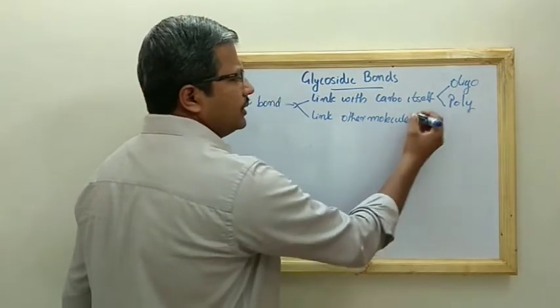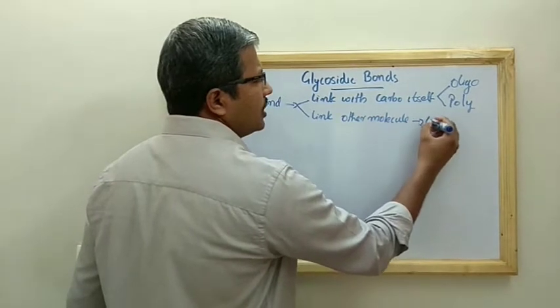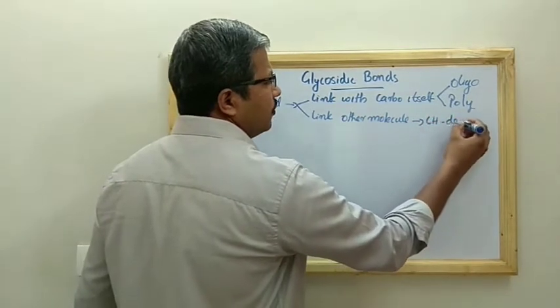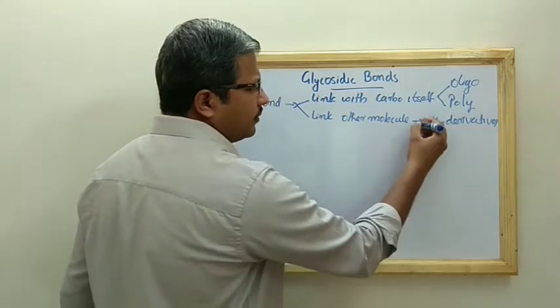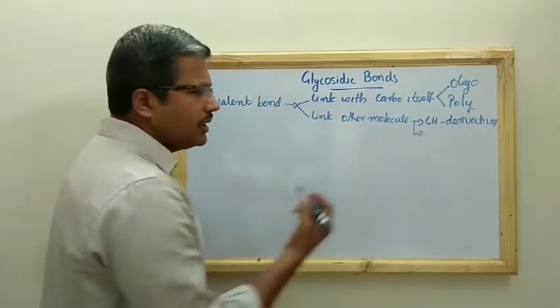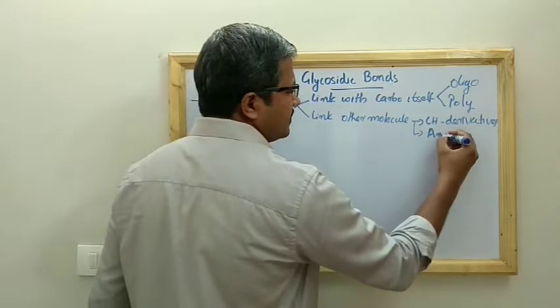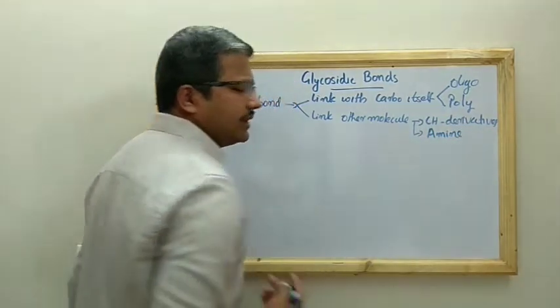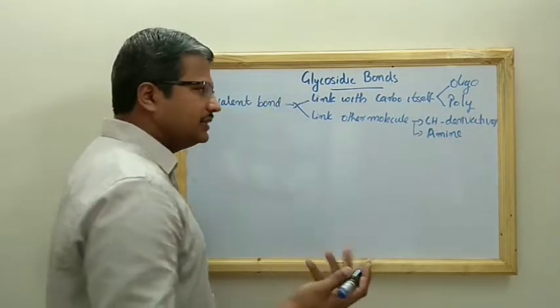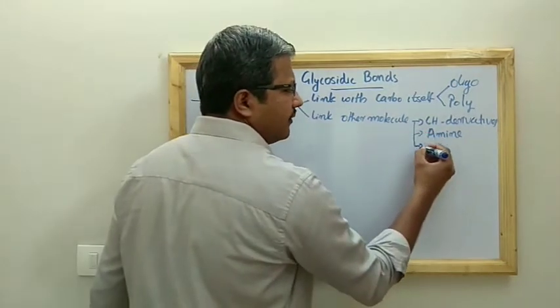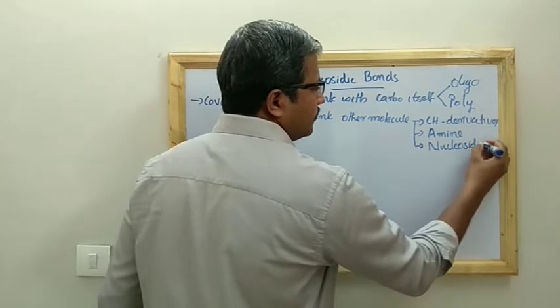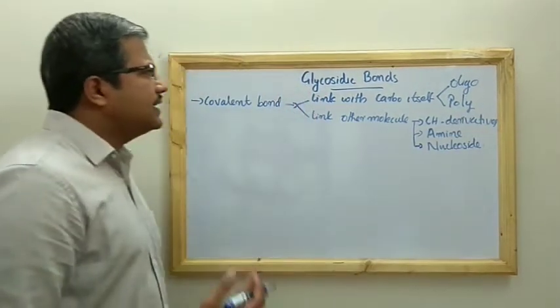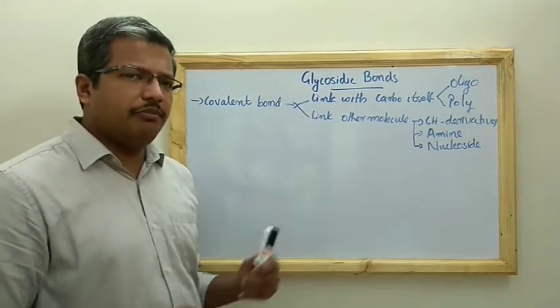If it is linking with another molecule, carbohydrate derivatives will be formed. What are examples of carbohydrate derivatives? You can see that amine derivatives are there, like galactosamine, glucosamine, etc. And then you can find the nucleoside. So that is what is meant by the glycosidic bond.